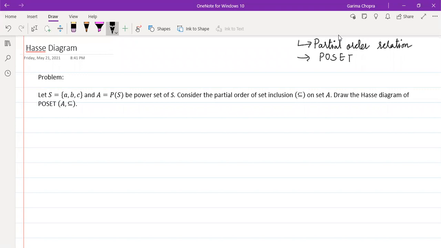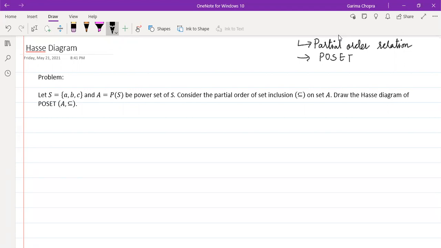poset. So partial order relation is a relation defined on set A, which is reflexive, which is antisymmetric, and the third property for the partial order relation is that it should be transitive in nature.